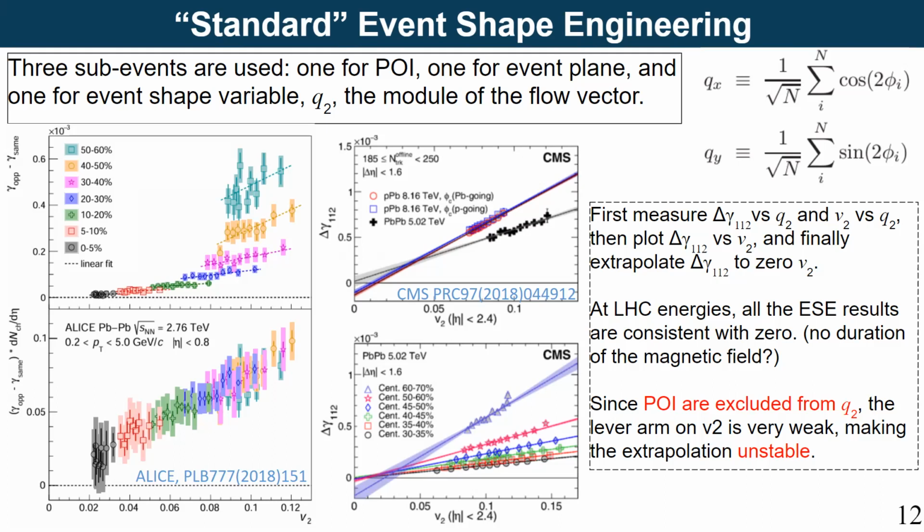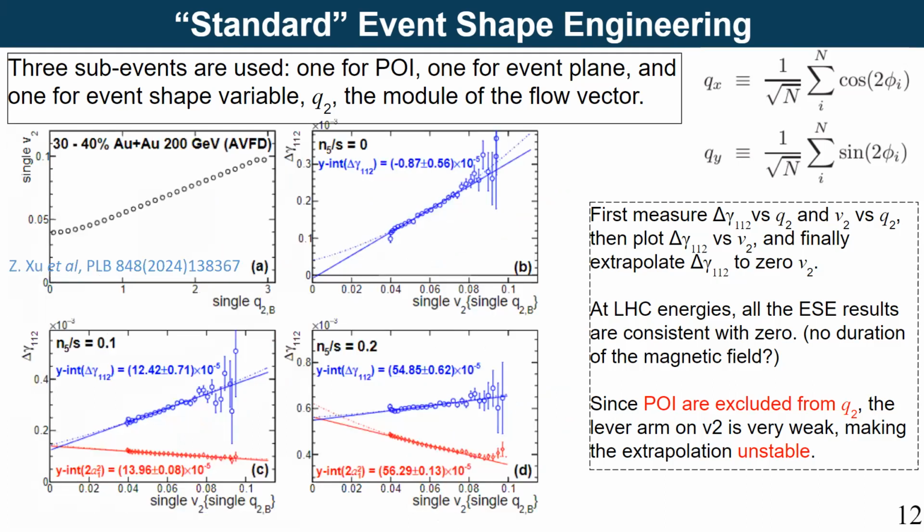So it gives you unstable results. I'm not saying it's wrong. This method is okay because it tries to control the eccentricity with a separate Q. However, in practice, it's very hard to give good results. So I will try to explain with the AMPT simulation. In this panel, the vertical axis is the V2 of single particles.